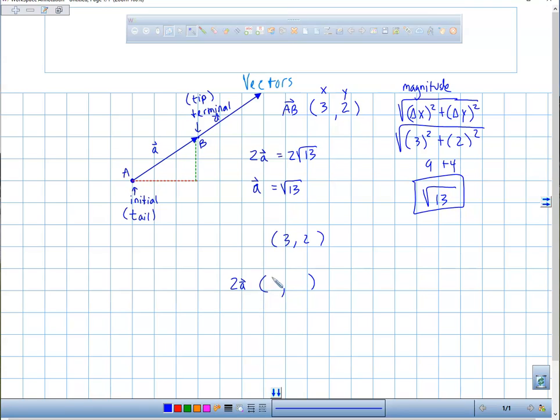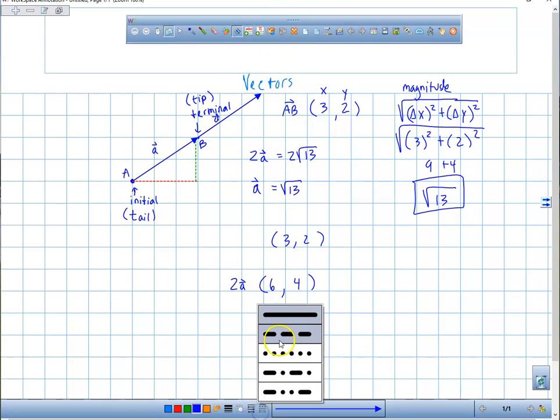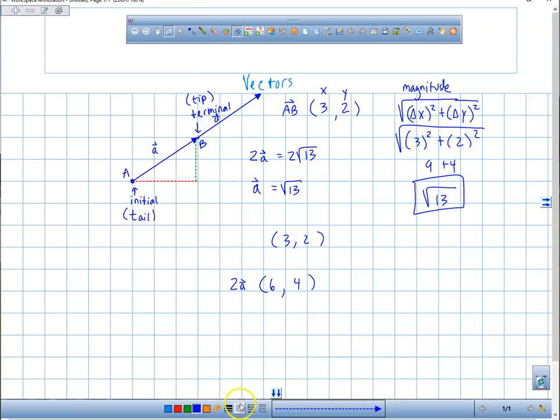Just using your logic, 6 and 4. Well, that makes sense if you think about it. So I'm trying to give you the conceptual reason why it is the case and not just do the math. Would you agree? From here all the way there is now 1, 2, 3, 4, 5, 6, and all the way up is 1, 2, 3, 4. So that's the concept of scaling your vectors, the scalar part.